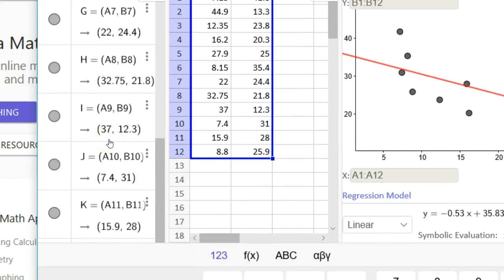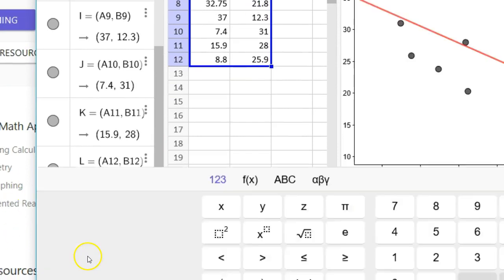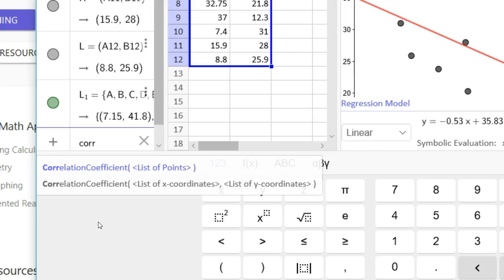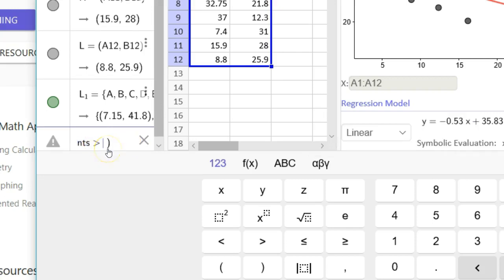And so if you go to the bottom of that, we can input a value. I'm just going to type in CORR, and notice it comes up. So you click on that, correlation coefficient. And you take out that list of points, and we're going to go L1.